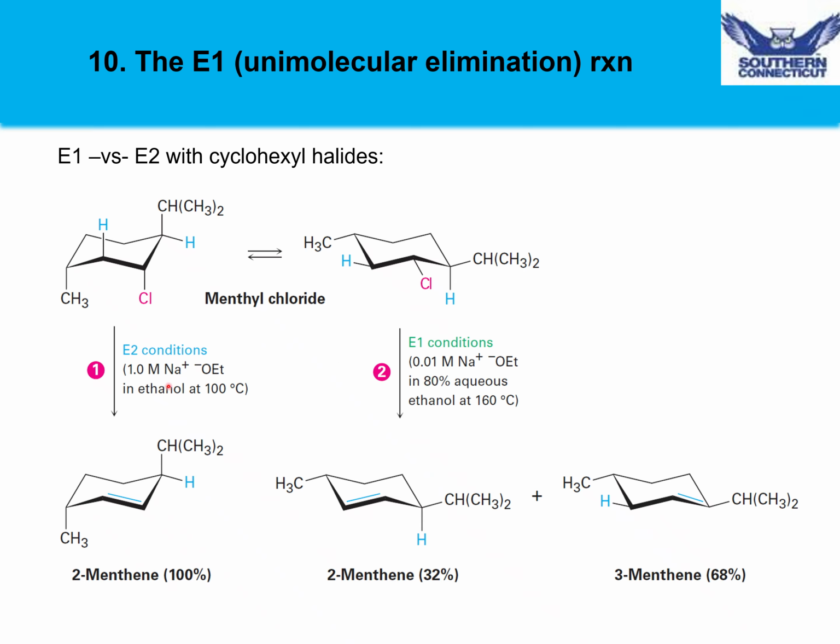Here, however, although we're using protic solvents, which is not ideal for the E2 reaction, we are using a very large amount of base, so 1 molar versus 0.01 molar. So this is a very strong base. It favors E2 conditions.